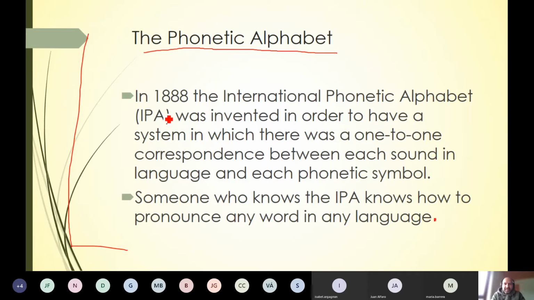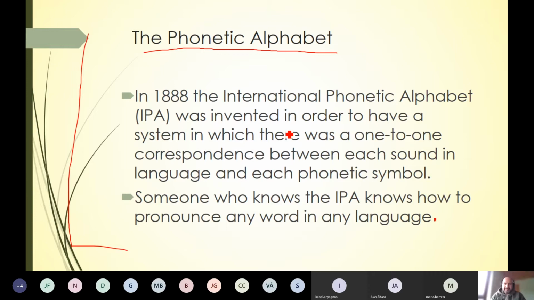So the point is that in 1888, the International Phonetic Association created this International Phonetic Alphabet, which contains phonetic symbols to represent sounds.